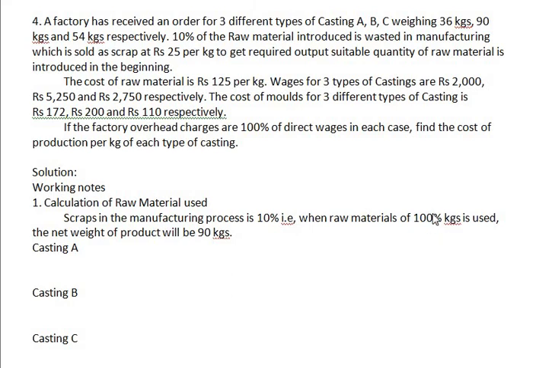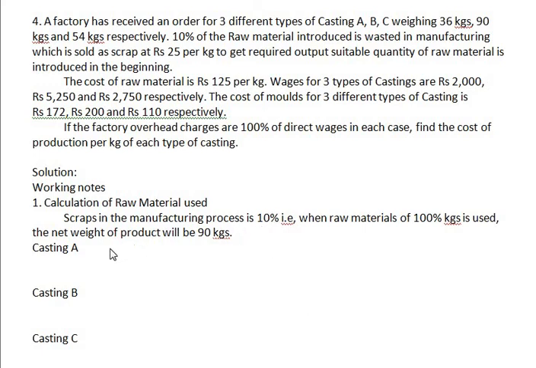From 100% we deduct 10% as scrap, so whatever material is used, the net weight will be 90 kgs. Accordingly we need to calculate for casting A, B and C. This is an assumption of 100 kgs, and this 10% is given in the problem.